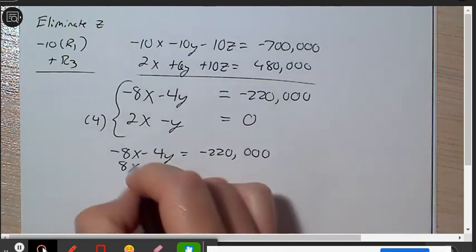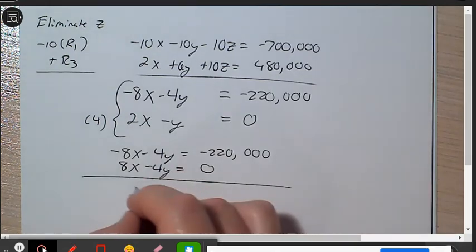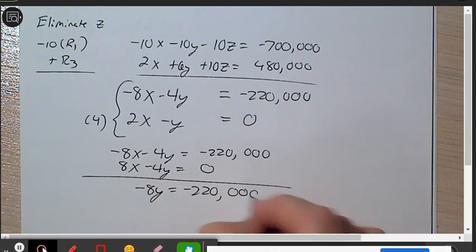Multiply by 4. That is negative 8y equals negative 220,000. Then dividing those two numbers, 220,000.